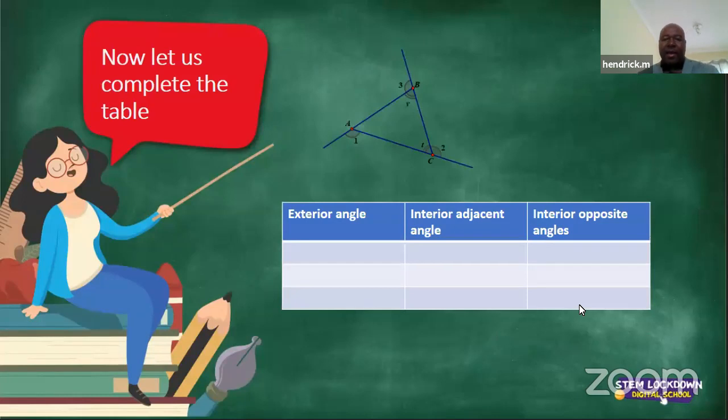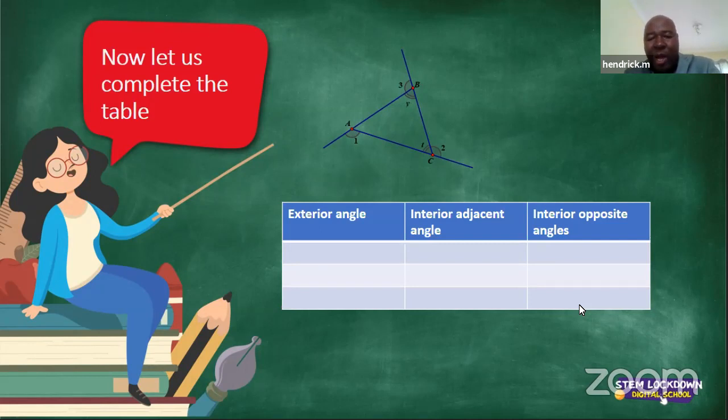Here is an activity which I wanted us to do. I've got a table in front of me with 3 columns and about 4 rows. In the first column, I want you to mention all the exterior angles.